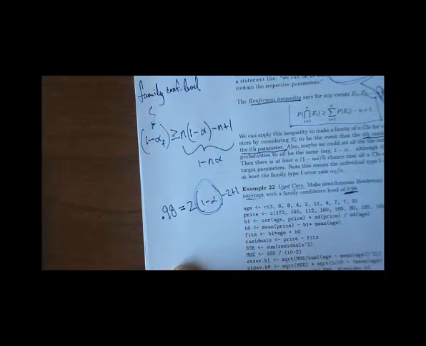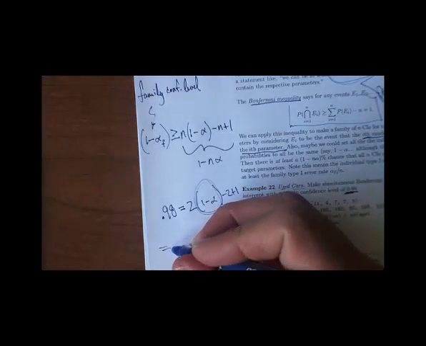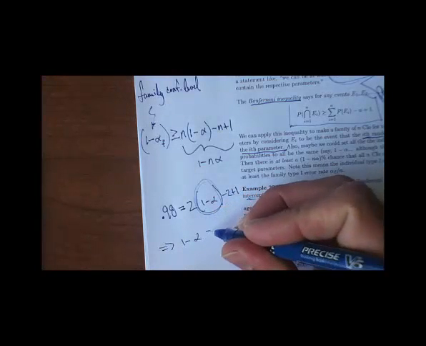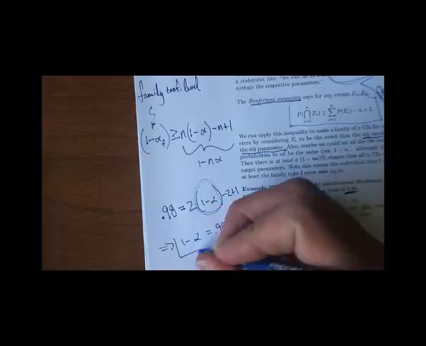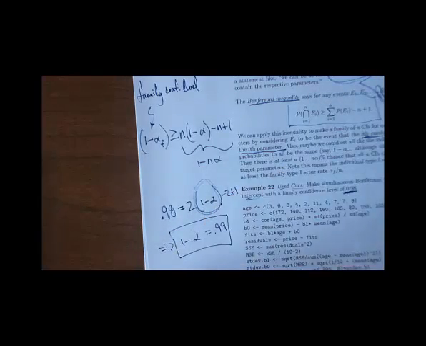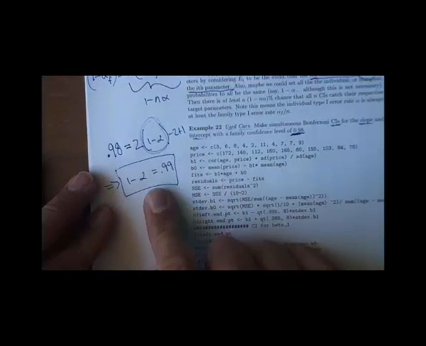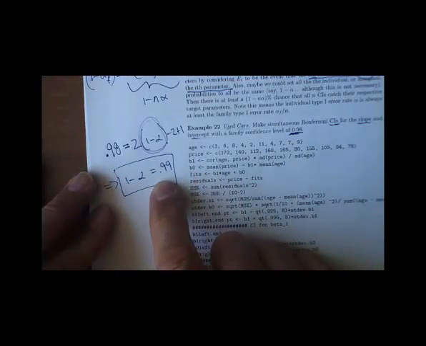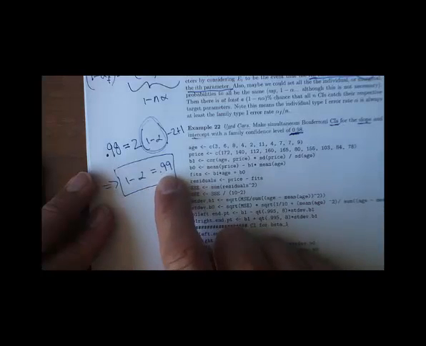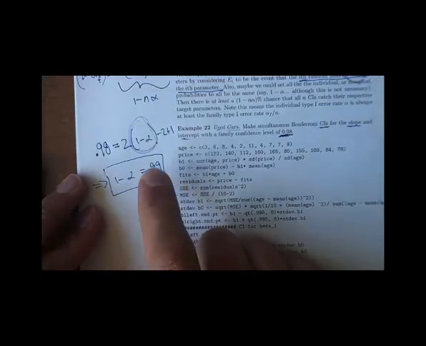When I do that, I see that 1 minus alpha turns out to be 99%. So then I can use R to make individual confidence intervals, each at the 99% level.